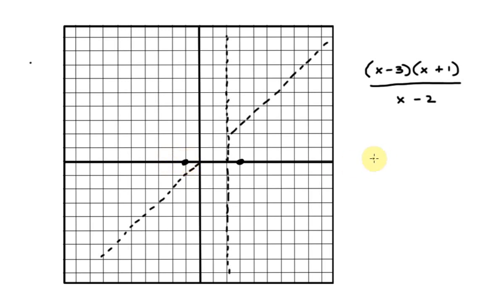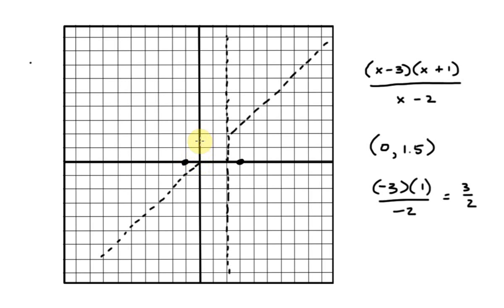And another point that might be worth getting is, what about the y-intercept? See where that is. So we put x as 0, so we would have negative 3 times 1, and then divide that by negative 2. So that would be 3/2 or 1.5. Okay, so that's where this guy is.